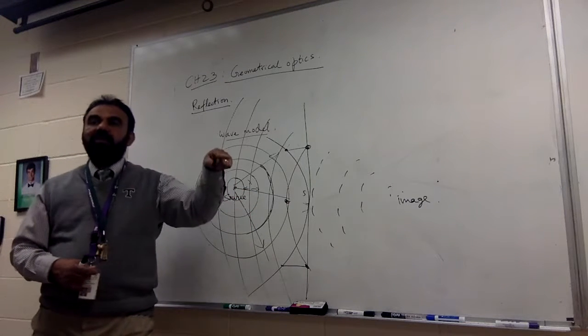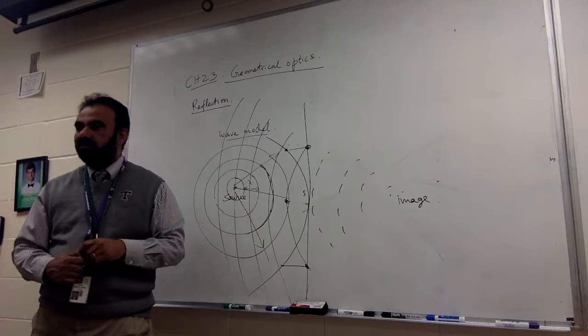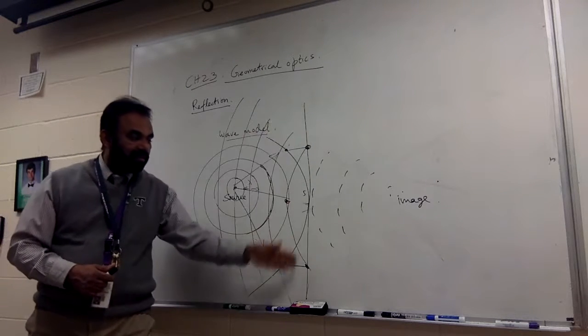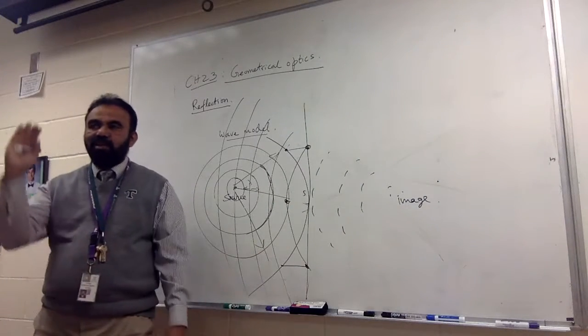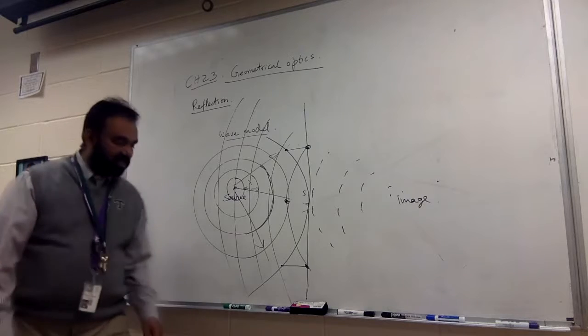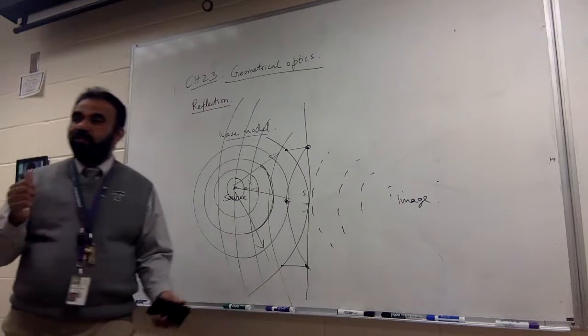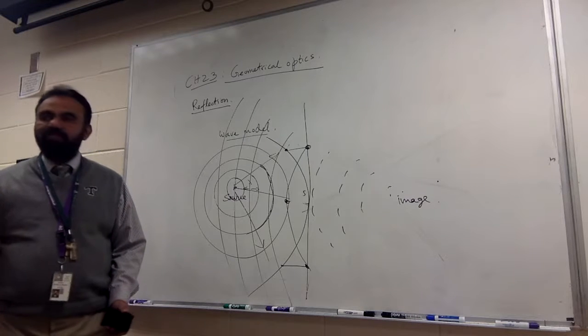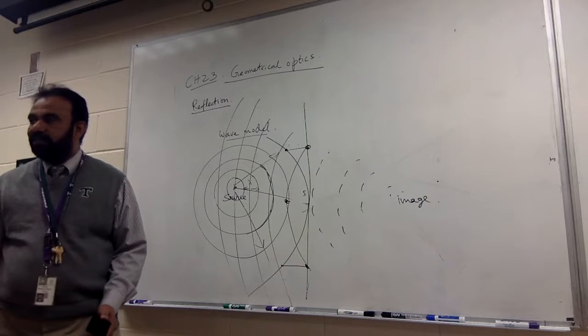That's why the ray model is adopted by us. Now, if reflection is going to be so tough with a simple plane surface, what if the surface is curved? It makes it still more complicated. So the best thing to do then is not to stick to the wave model, although you know that the wave model is the real thing. We just don't use the wave model for drawing purposes.